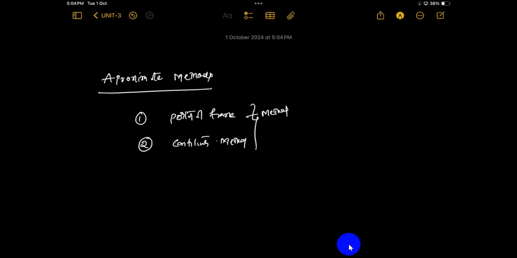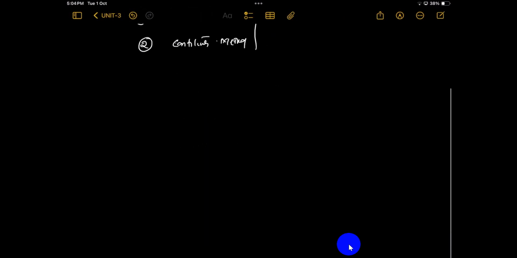We already discussed how the portal frame method works. Now I will explain one simple problem in the portal frame method. Okay, so take one frame.